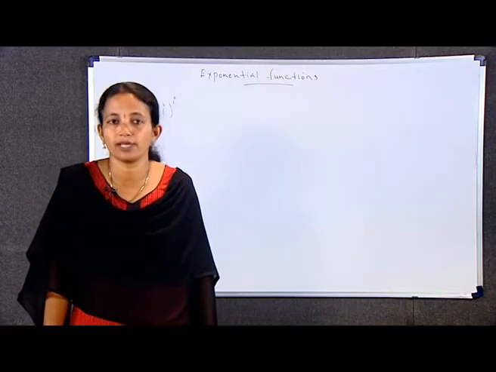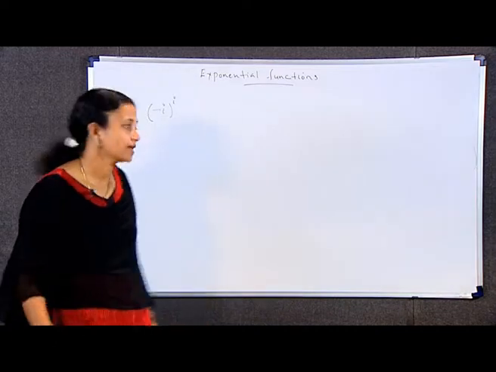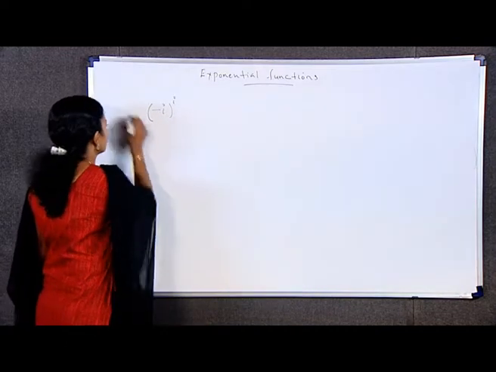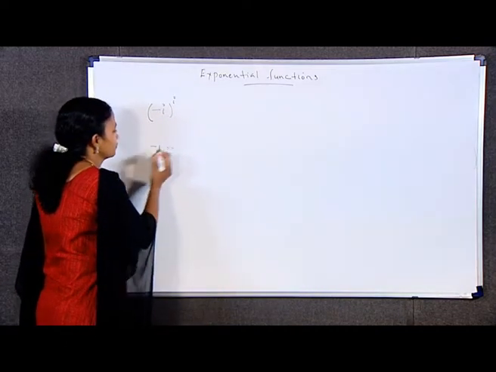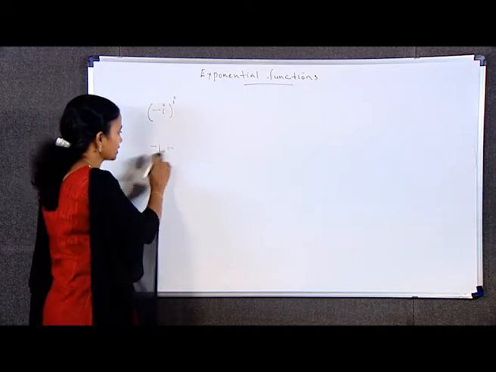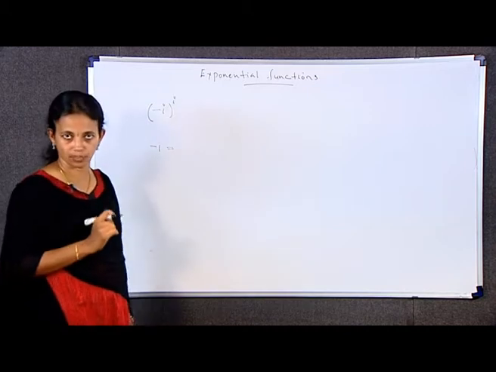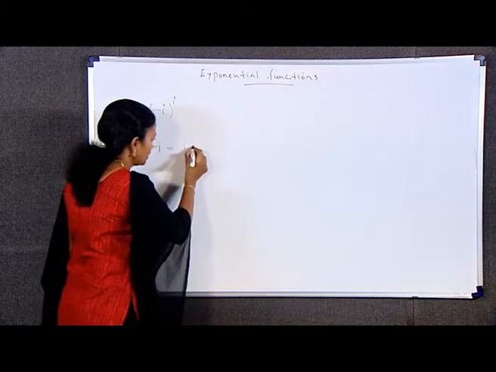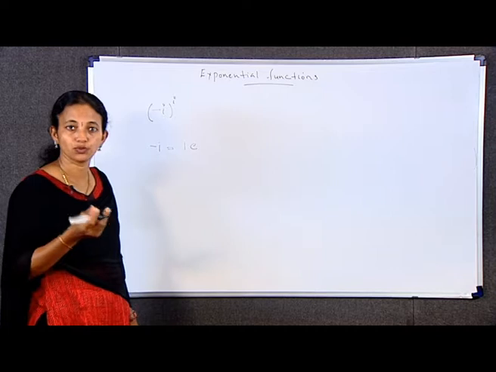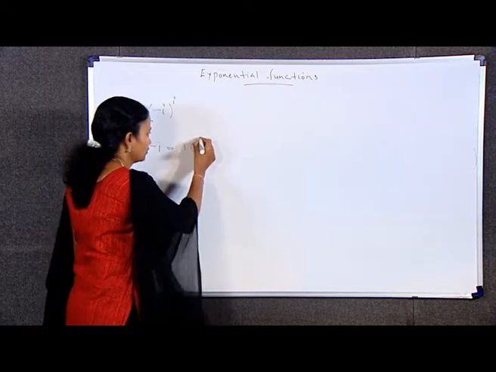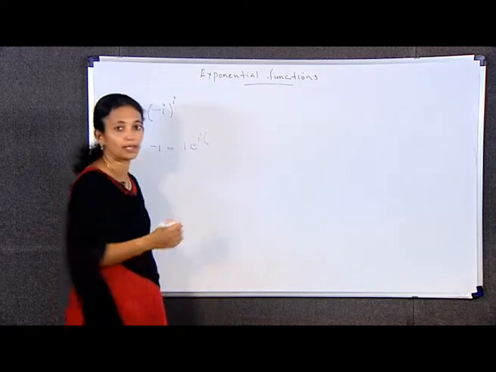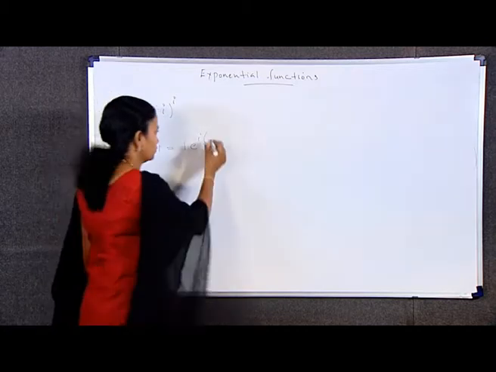Next we have to find the principal value of minus I raised to I. Here we have to find the principal value. We know minus I is equal to 1 into e raised to I into minus pi by 2.